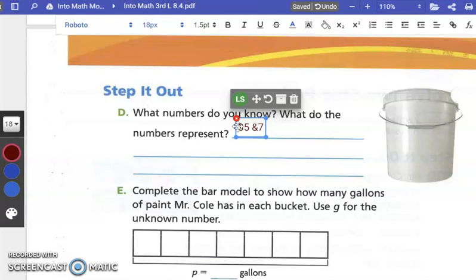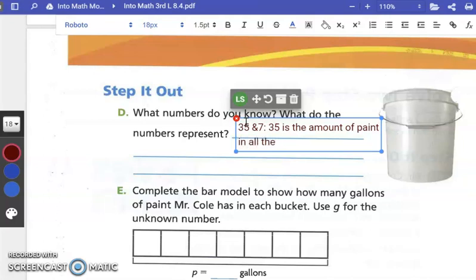Then it says 35 is the amount of paint in all the buckets, and 7 is the number of buckets. Now you need to move on over to the edge of the line.